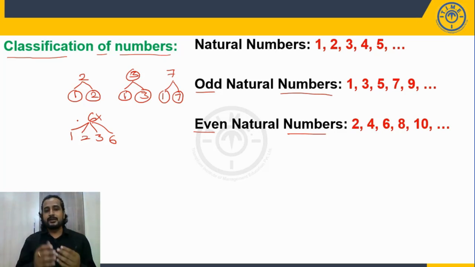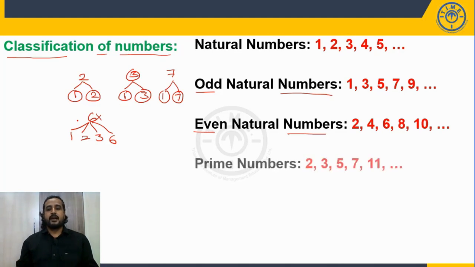Prime numbers start from 2: 2, 3, 5, 7, 11 and so on. Prime numbers do not follow any specific pattern, so better learn these prime numbers by heart. Clear? Now move ahead.